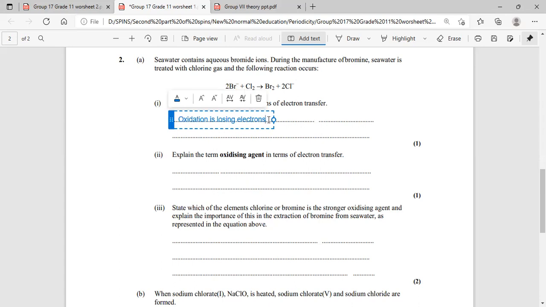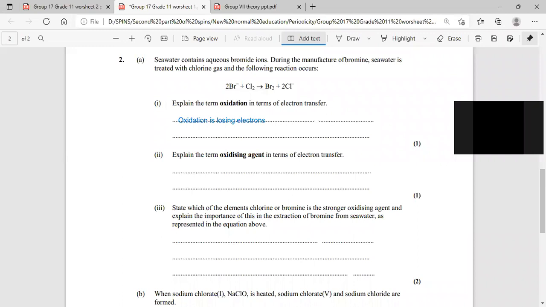Now let me ask Fania. Hello, Fania. Yes, teacher. Fania, what is being oxidized in this equation? I think it's chlorine.